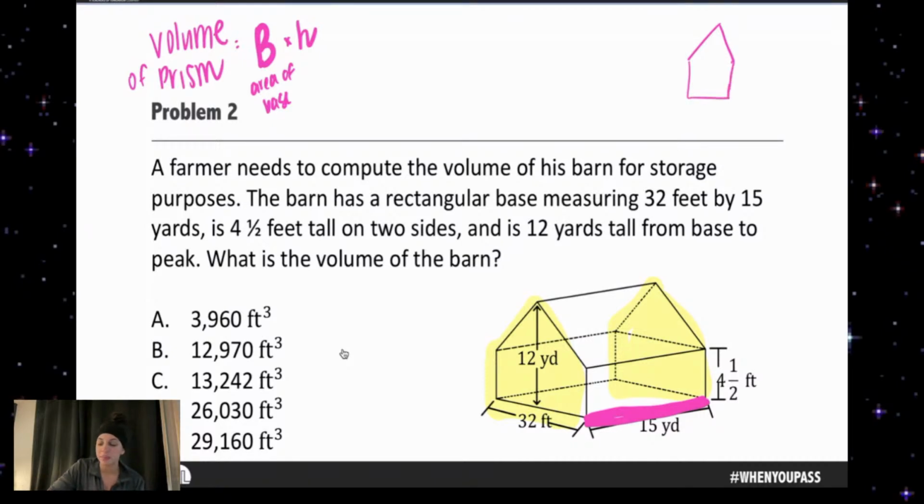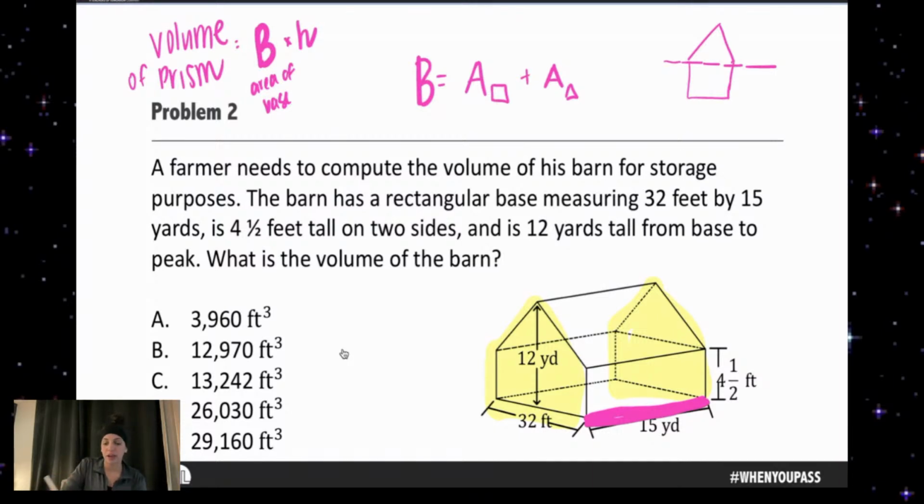So I'm going to cut my base into two different shapes that I do know how to find. So big B is going to equal the area of my rectangle plus the area of my triangle. And yes, this is really what I would write down on my paper because this problem is multi-step and I don't want to get lost in the steps.